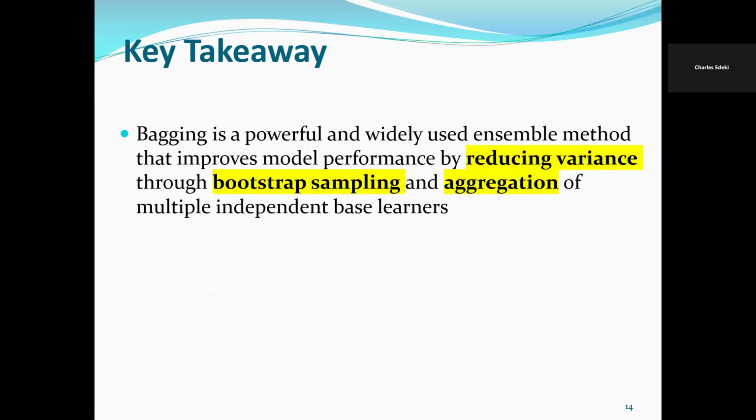And it leverages bootstrap sampling and aggregation to significantly reduce variance of base learners, leading to what? A more accurate and also robust predictive model.